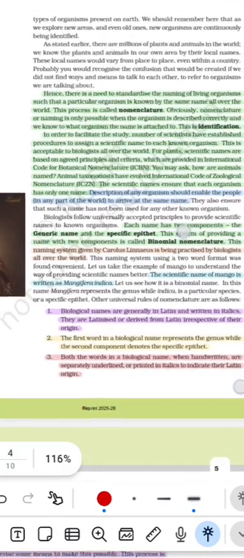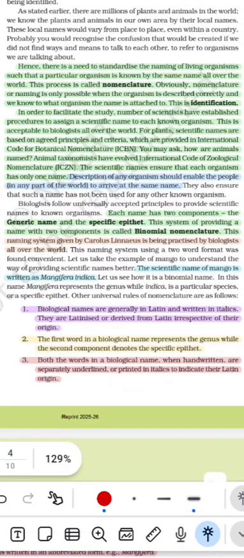Biological names are generally in Latin and written in italics. They are Latinized or derived from Latin irrespective of their origin.